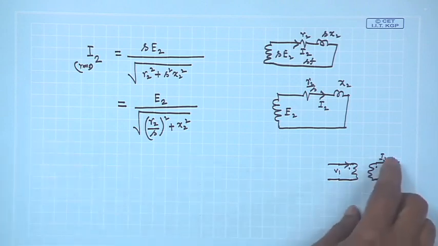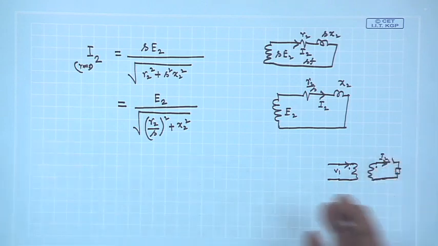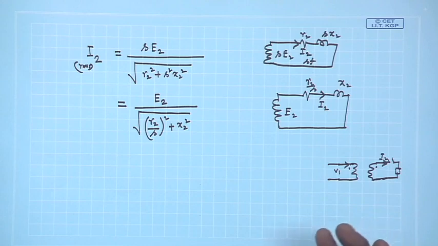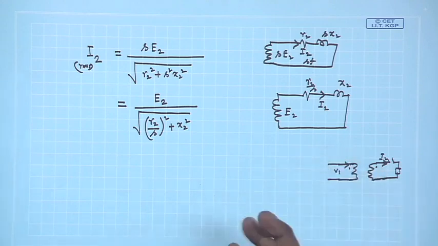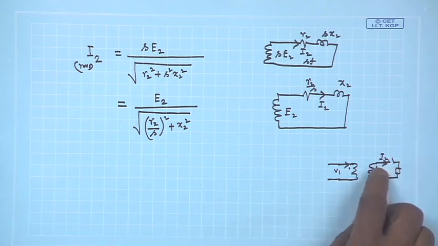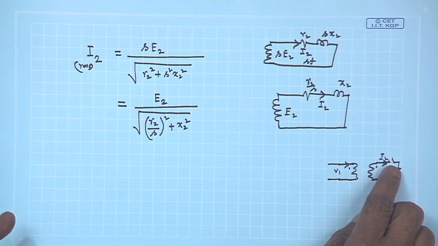So, the moment you close it, how can it manage to do that? Under no load condition, it was drawing only the magnetizing current to establish the flux. The moment you close the switch, I am sure there will be a secondary current.